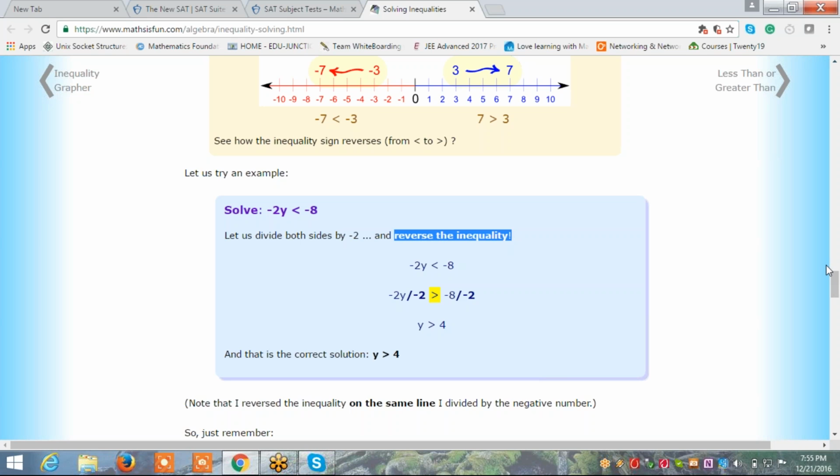Lesser sign becomes greater, greater sign becomes lesser, if you divide by negative numbers. Are you able to observe this? When we do negative division or negative multiplication, this is what is to be done.